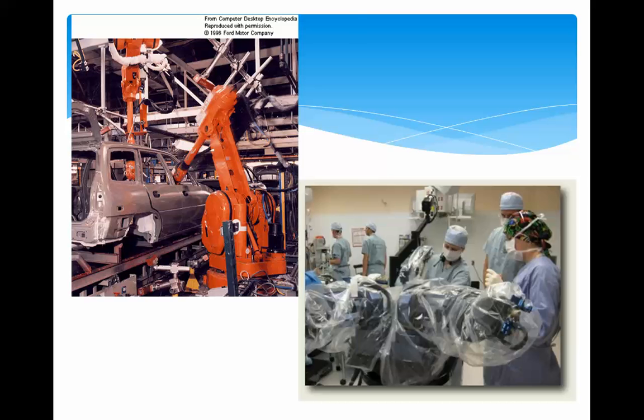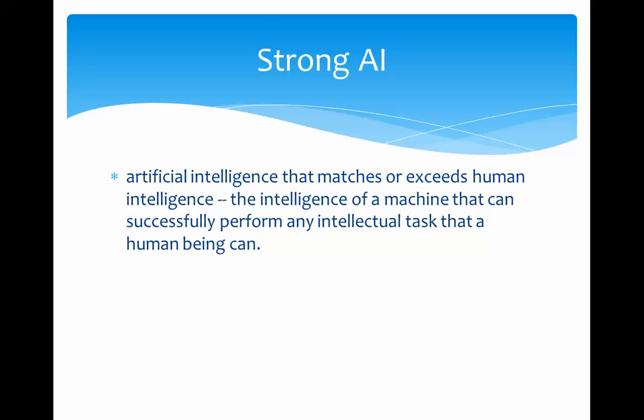But there is also strong AI, which was the scary picture I showed earlier, and it's defined as the artificial intelligence that matches or exceeds human intelligence, which is the intelligence of a machine that can successfully perform any intellectual task that a human being can. This is more interesting and exciting because we are literally wanting a machine to have feelings and emotions.